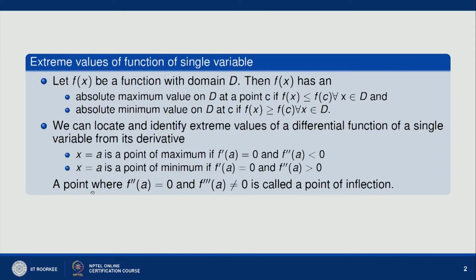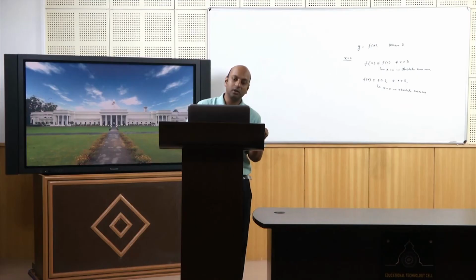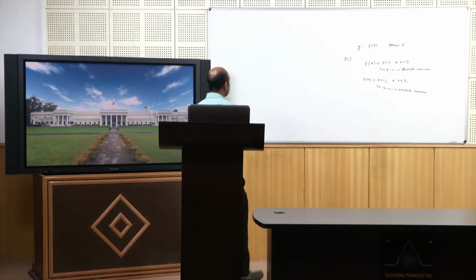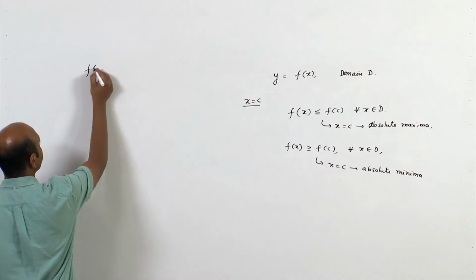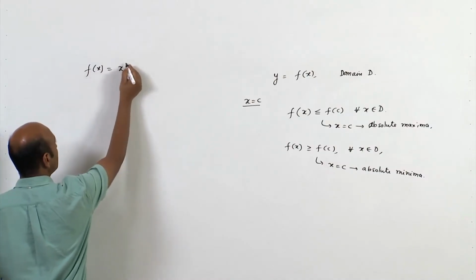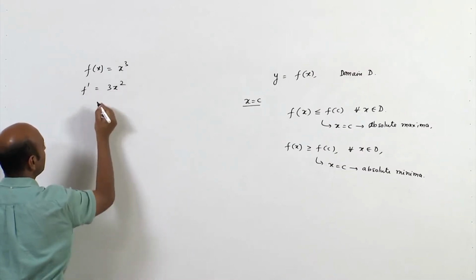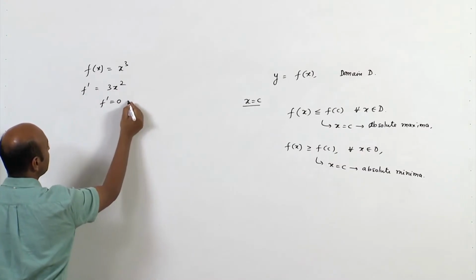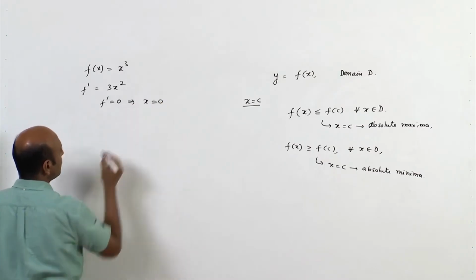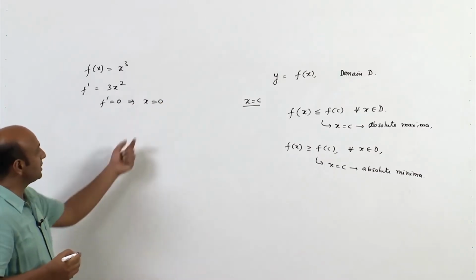A point where f''(a) equal to 0 and f'''(a) is not equal to 0 is called a point of inflection. Say we have this example f(x) equal to x cube. When we take the first derivative, it is 3x square, and f' equal to 0 implies x equal to 0. So x equal to 0 is a critical point.